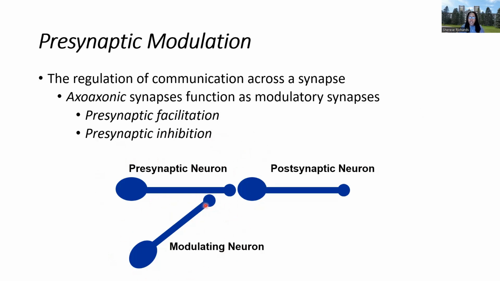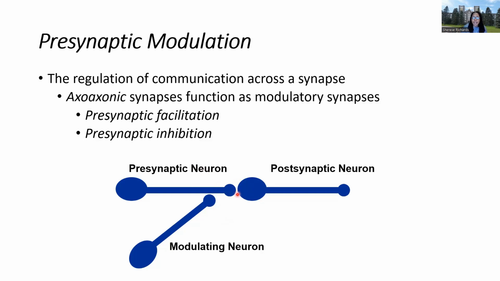Now, this modulating neuron is forming what we referred to earlier as an axoaxonic synapse. So where we were speaking about the most common type of synapse being an axodendritic, which is the axon terminal synapsing onto the dendrites, here, this is an example of the axoaxonic because the axon terminal is actually synapsing onto the axon of this presynaptic neuron.